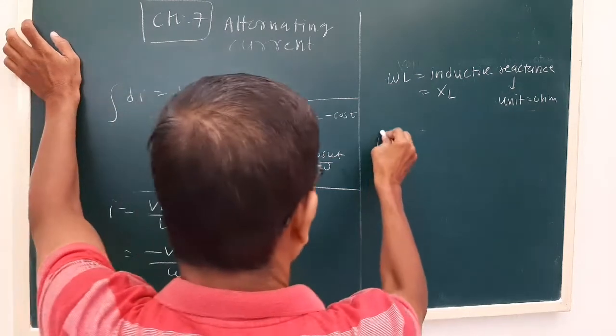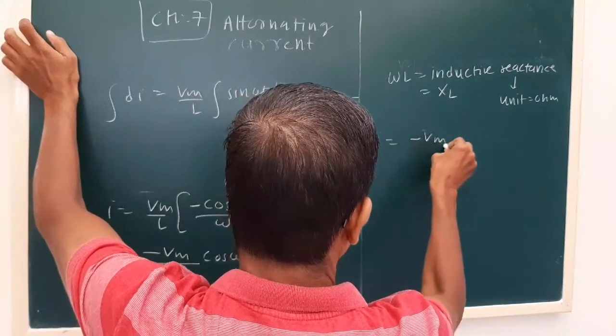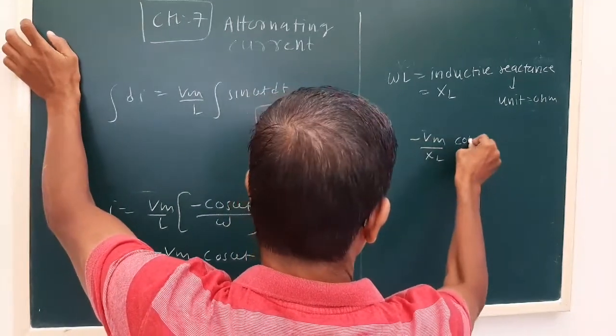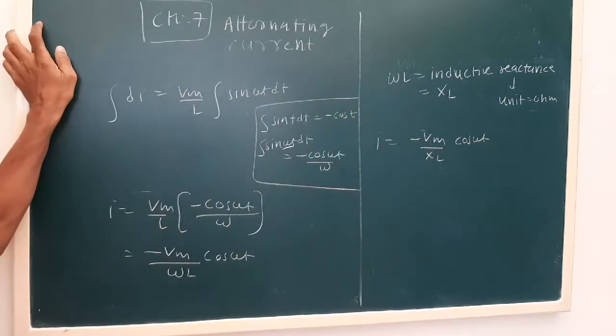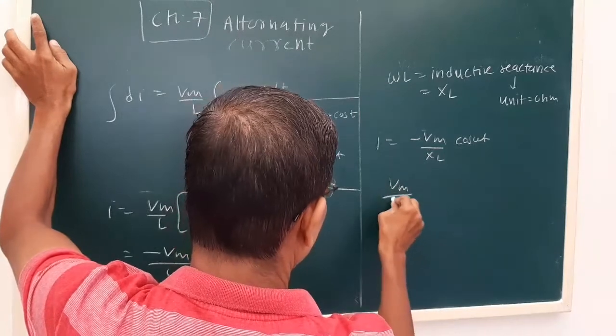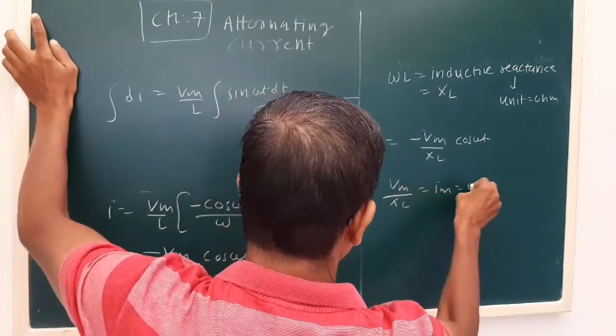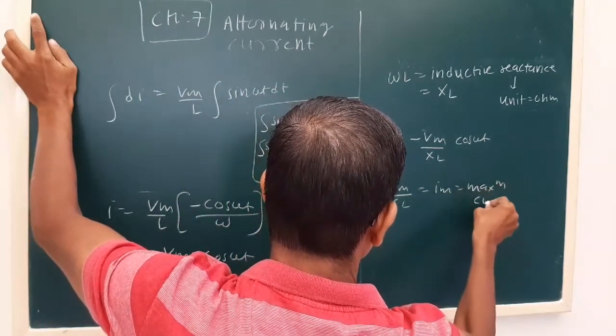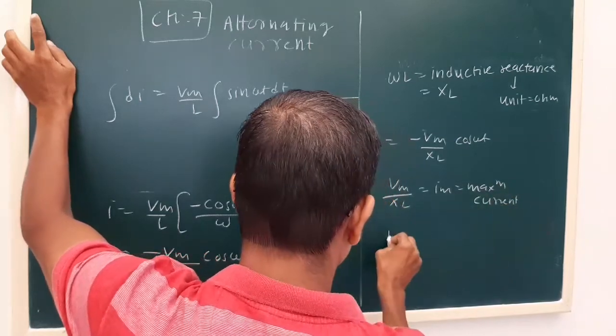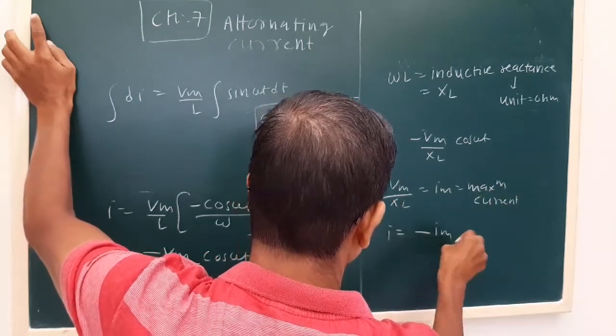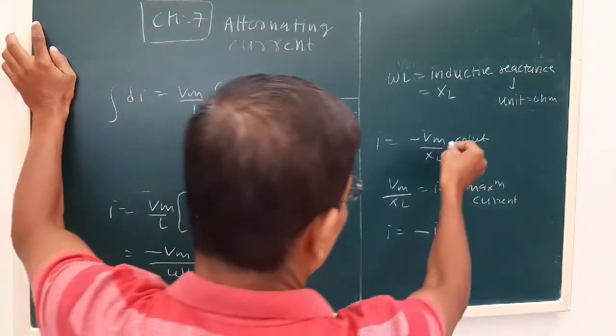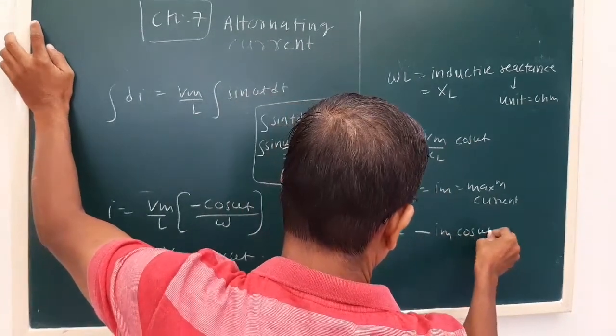So our equation becomes minus Vm by XL cos omega t. Now here, Vm upon XL is Im, the maximum current. So I is equal to minus Im cos omega t.